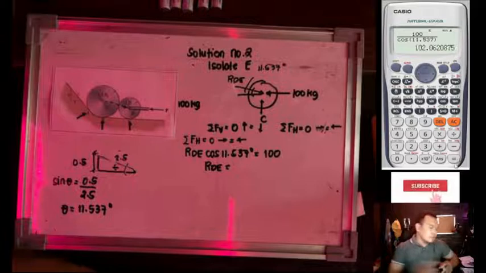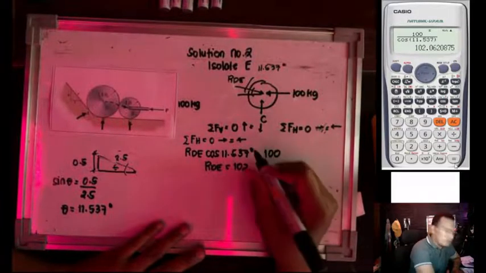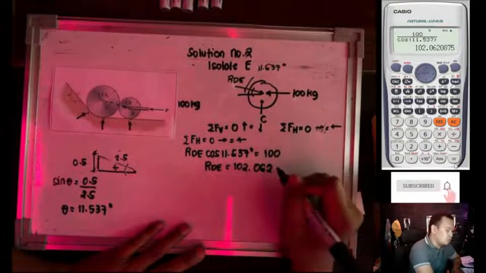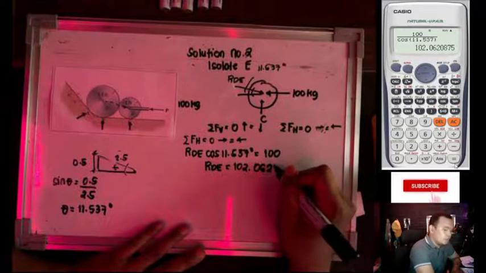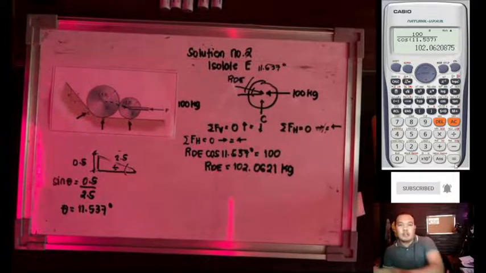So I have 102.0621 kilograms, which is the resultant, which is the reaction RDE.